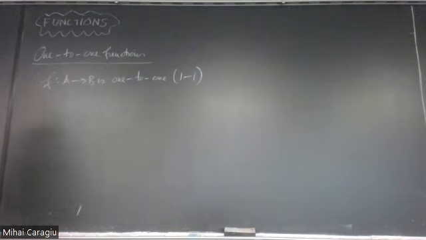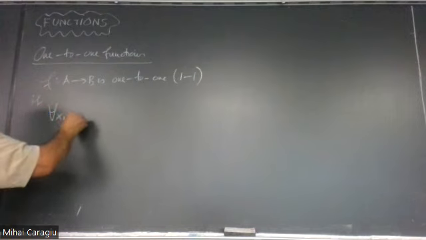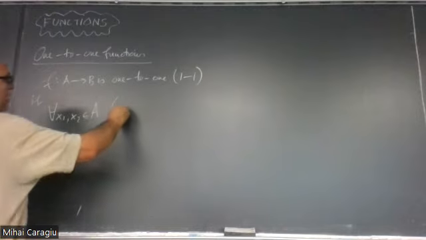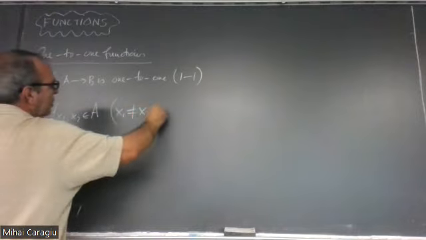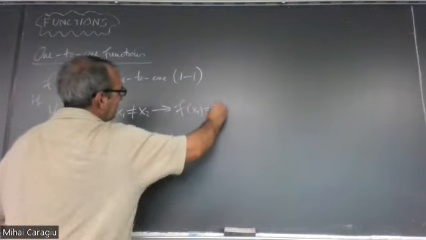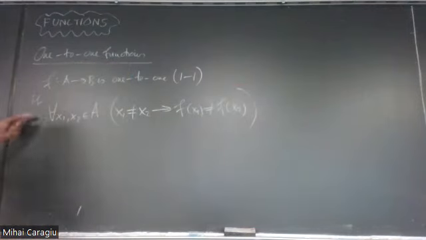The function f is one-to-one if different elements in the domain are mapped into different elements of the codomain. If for every x1 and x2 in A, if x1 is not equal to x2, then f of x1 is not equal to f of x2. That's the formal definition of the one-to-one function.